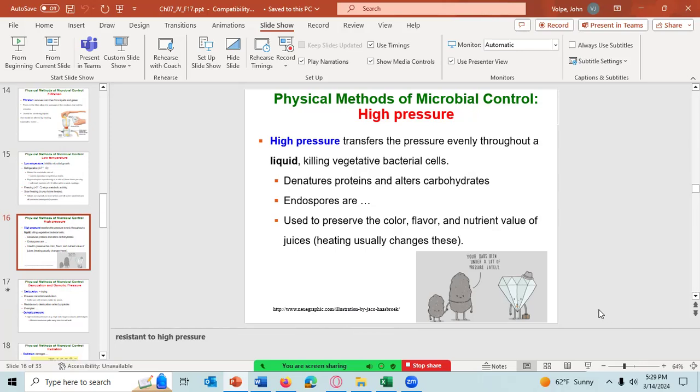High pressure is another way we can apply something to control microbial growth. High pressure transfers the pressure evenly throughout a liquid, killing all vegetative bacteria cells. You should note that endospores are not killed by high pressure. High pressure is sometimes used to preserve the color, the flavor, and the nutrient value of juices.